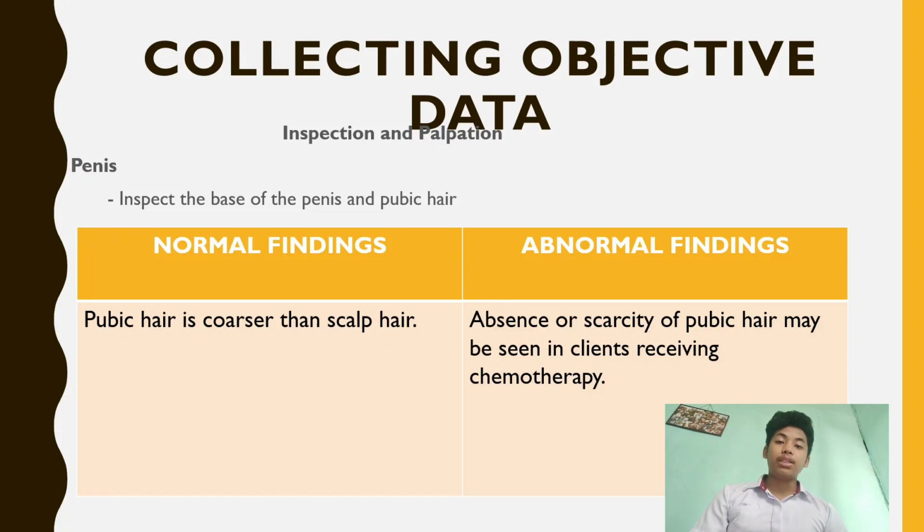The base of the penis and the pubic hair are free of excoriation, erythema, and infestation. For abnormal findings, absence or scarcity of pubic hair may be seen in clients receiving chemotherapy.